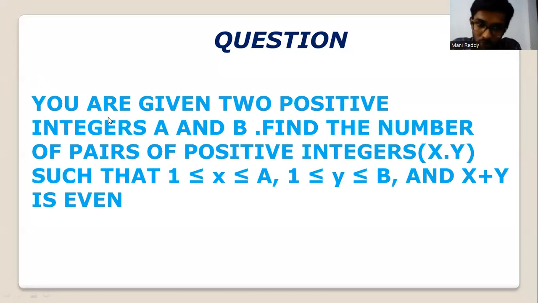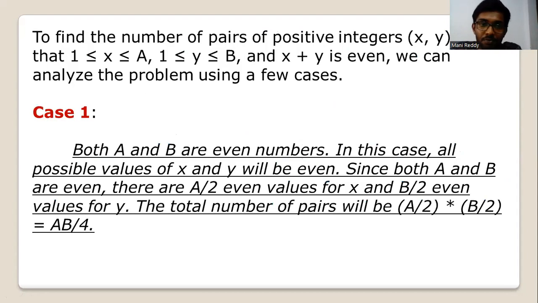So we have to find the pairs of positive integers. Let's look into the concept of this question, and afterwards we'll see an algorithm and flowchart, the source code also, and we can see the output.